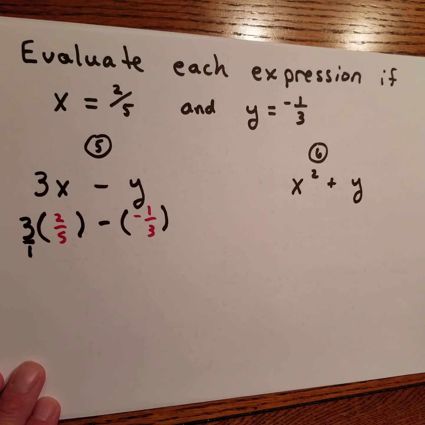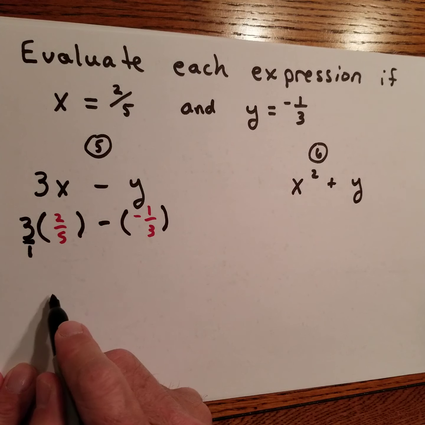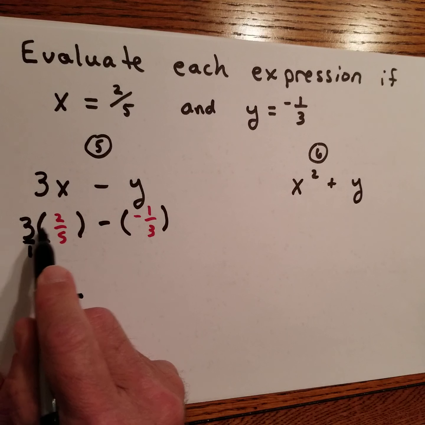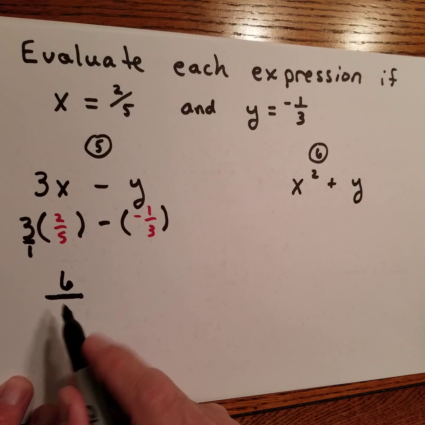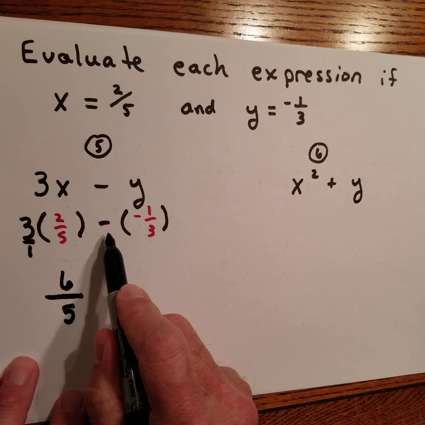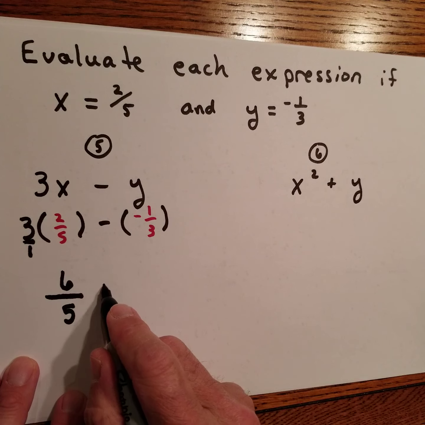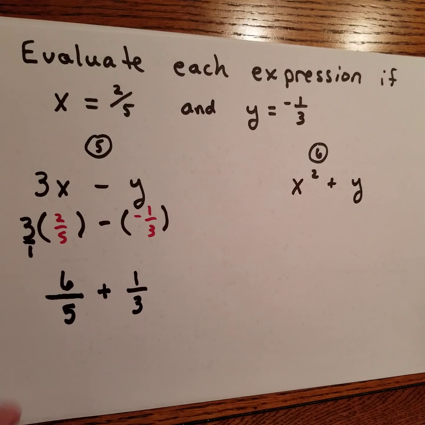It's 3/1. Nothing reduces top and bottom, so we'll multiply tops and bottoms. Multiply the numerators, 3 times 2. Multiply the denominators, 1 times 5. Here I've got subtraction of a -3. I know when I subtract a negative, that's the same as adding. I'll rewrite that as +1/3.